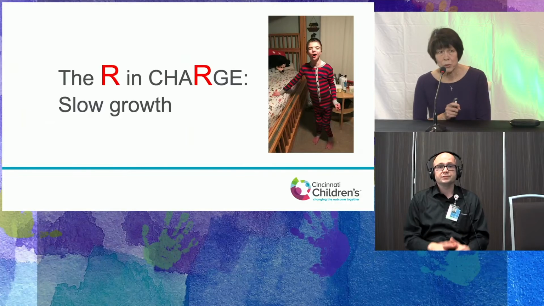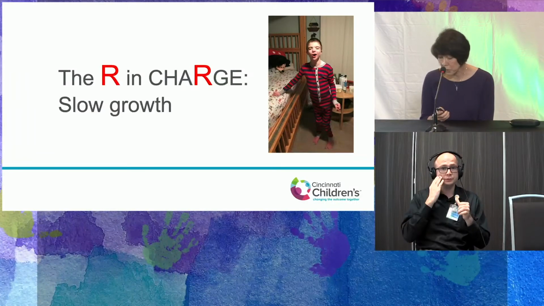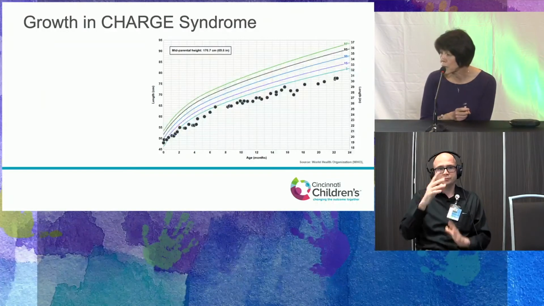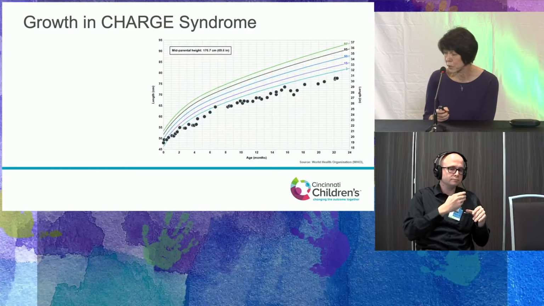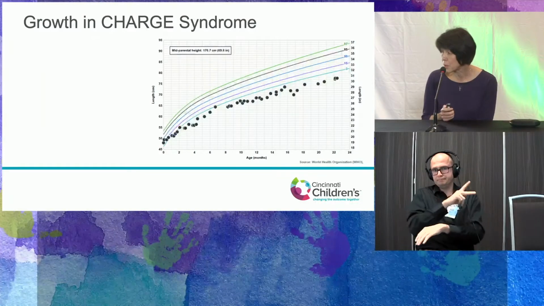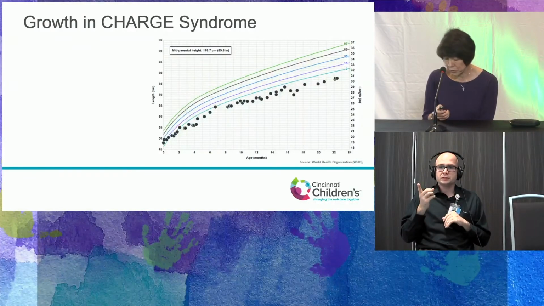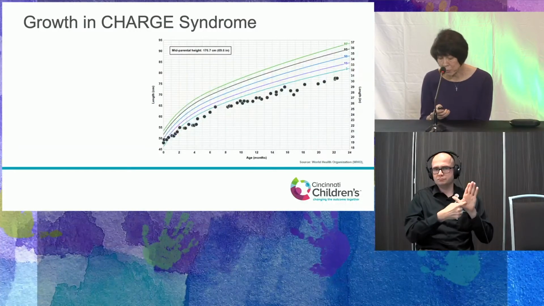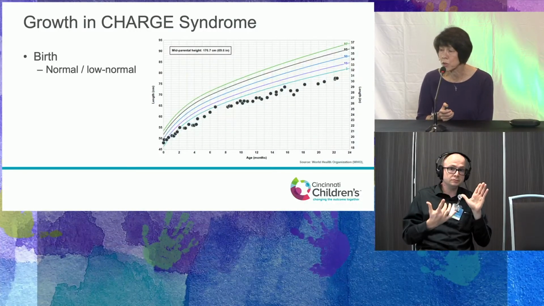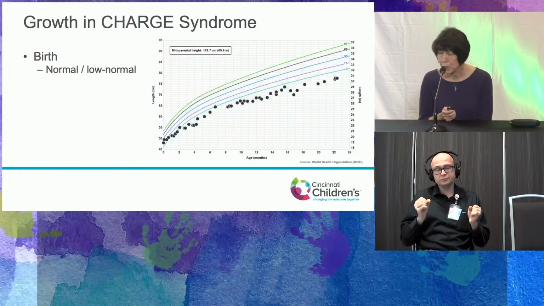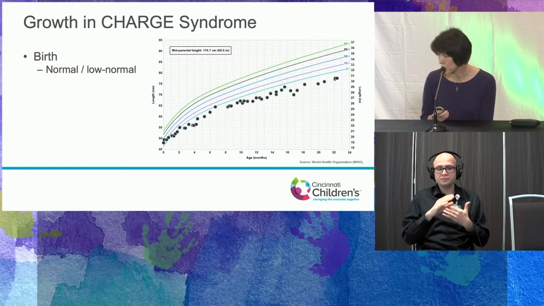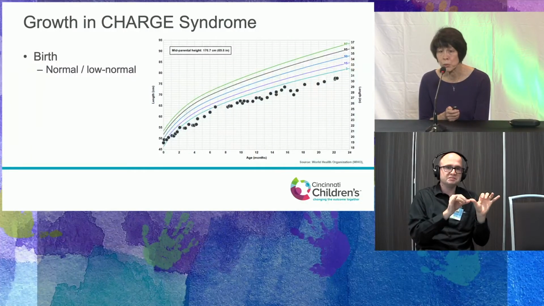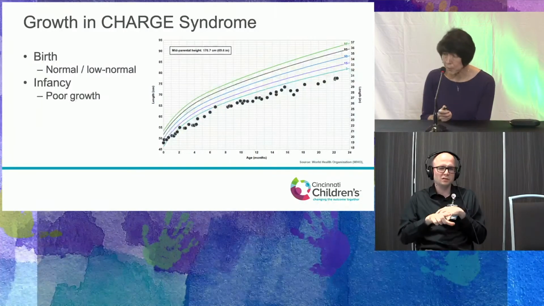So firstly, I'm going to talk briefly about slow growth in CHARGE. This is the height growth chart of one of my patients, and you can see this is over the first 2 years of life. He really illustrates what may be typical in children who have CHARGE syndrome. At birth, you can see right at the very left-hand side, often birth size may be normal or in the low normal range.